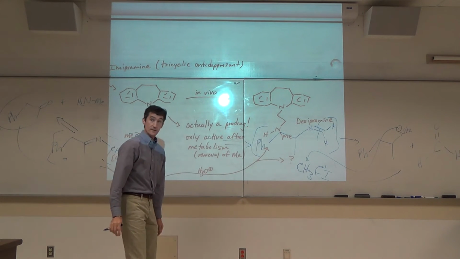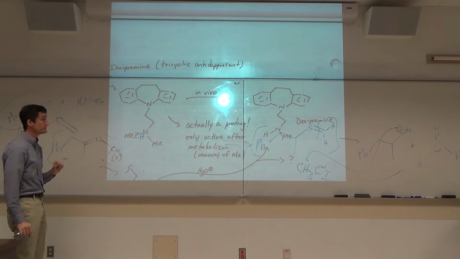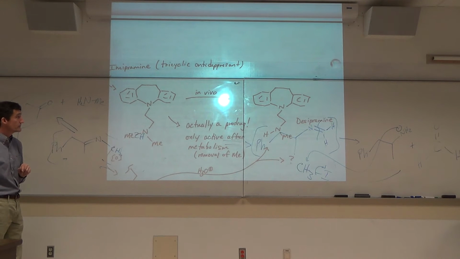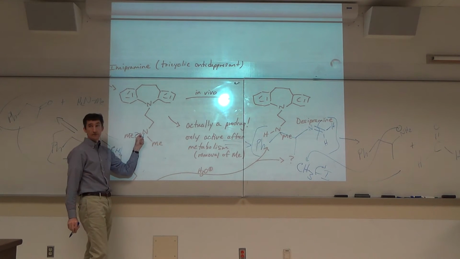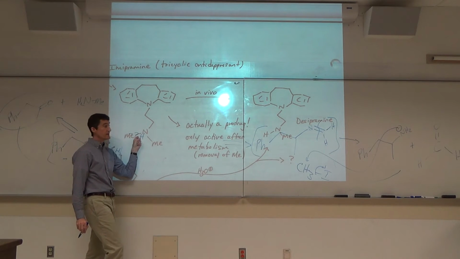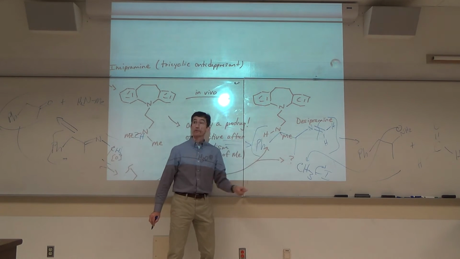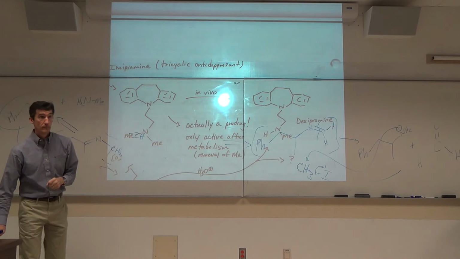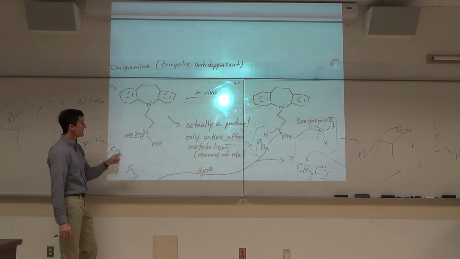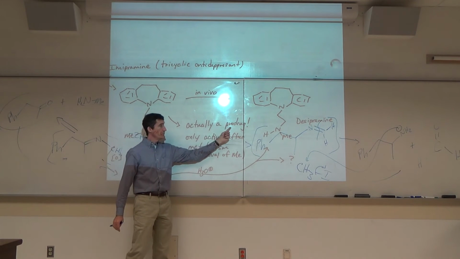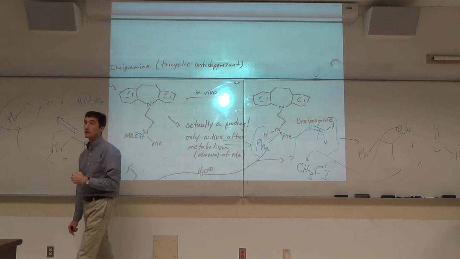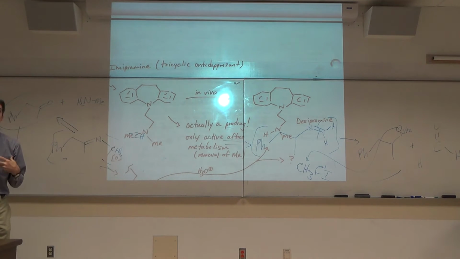Oxidation to the amine and then hydrolysis, just like above. Okay? Now, for this particular drug, this is actually not active as an antidepressant. It's only active once the body removes one methyl. And so what you take is not actually active. This is thus called a prodrug. Prodrugs are drugs that are not active themselves, but they have to be metabolized, then they become active.